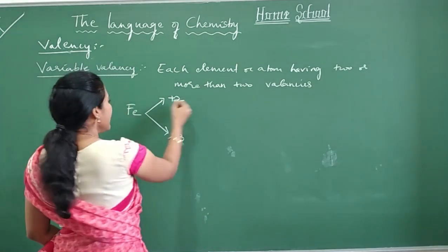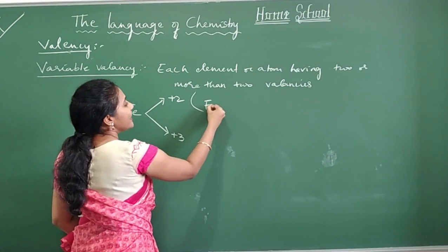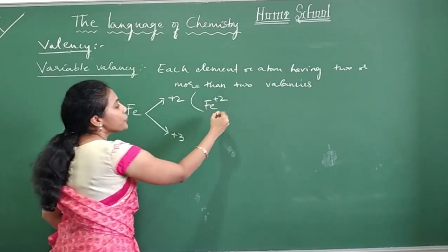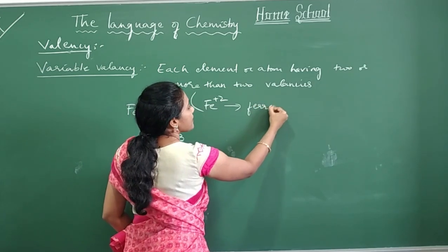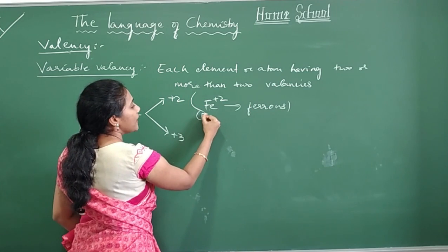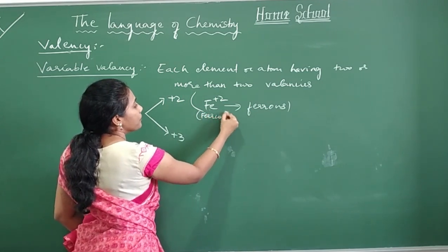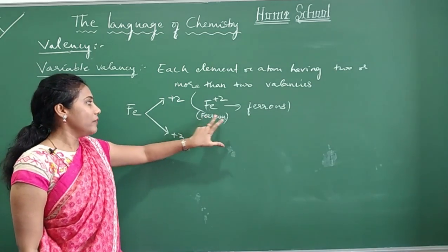Say whenever iron is having +2, we will write it as Fe +2. So Fe +2 is called with the name ferrous. Actually the name of iron is ferrum. You know, I is not the symbol here.